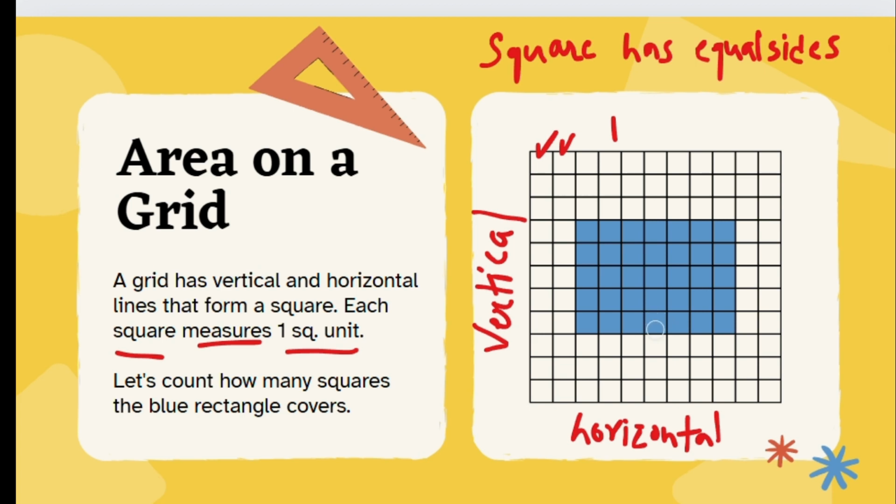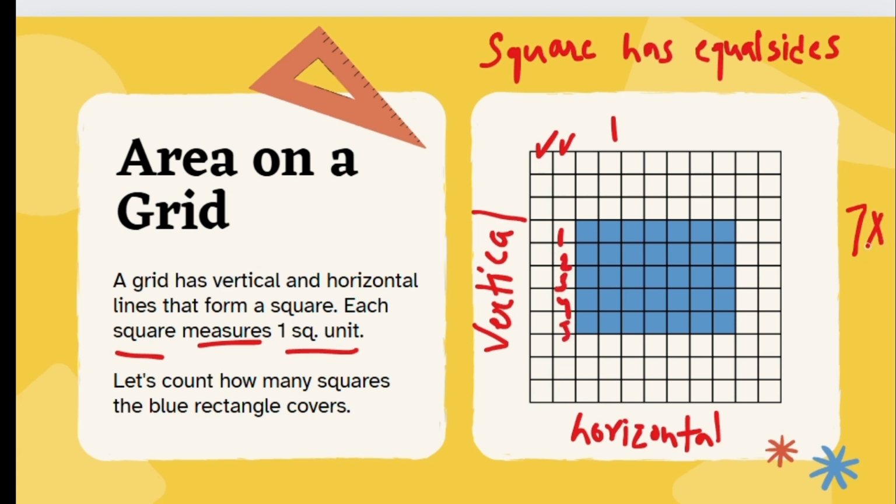We have this little trick: you can count how many squares it covers horizontally and how many squares it covers vertically. Here horizontal squares are 1, 2, 3, 4, 5, 6, 7. Horizontal squares are 7. And vertical squares are 1, 2, 3, 4, 5.